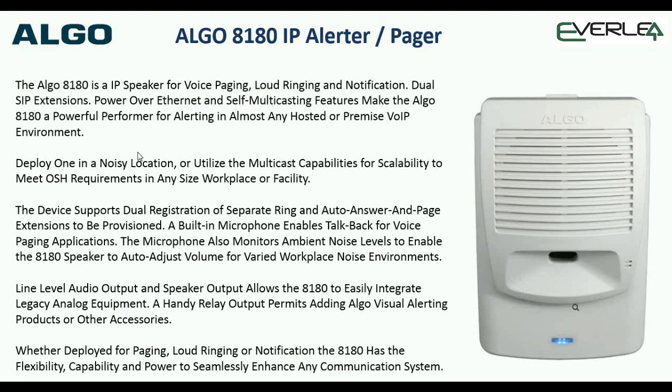For example, if I had one master unit with extension 201, I could put another 5 8180s in different parts of the building across the same LAN network and set them as slave and have them multicasting into a different group. So we can have page group 1, 5 of them go off, page group 2, another 6 different units would go off, but all using one SIP registration.